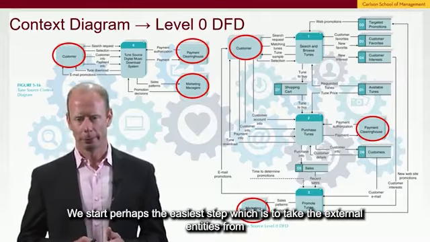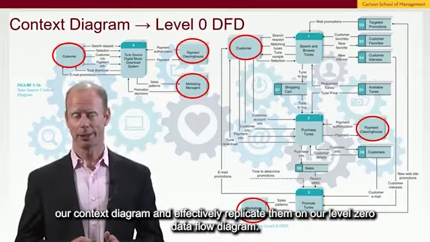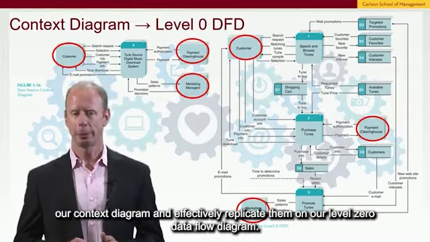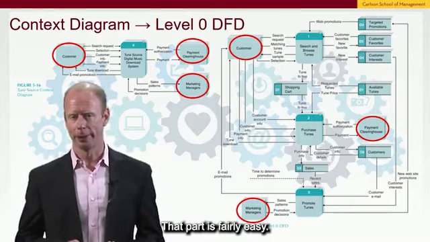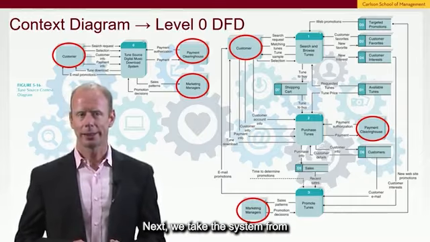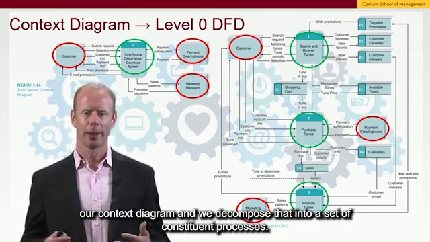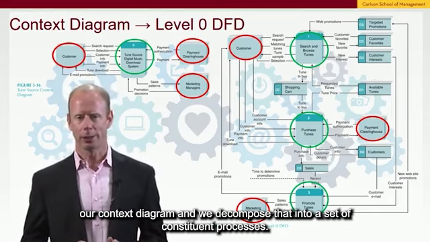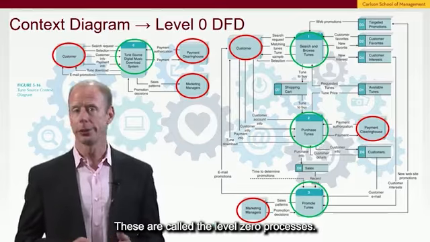We start, perhaps the easiest step, which is to take the external entities from our context diagram and effectively replicate them on our level 0 data flow diagram. That part is fairly easy. Next, we take the system from our context diagram and we decompose that into a set of constituent processes. These are called the level 0 processes.